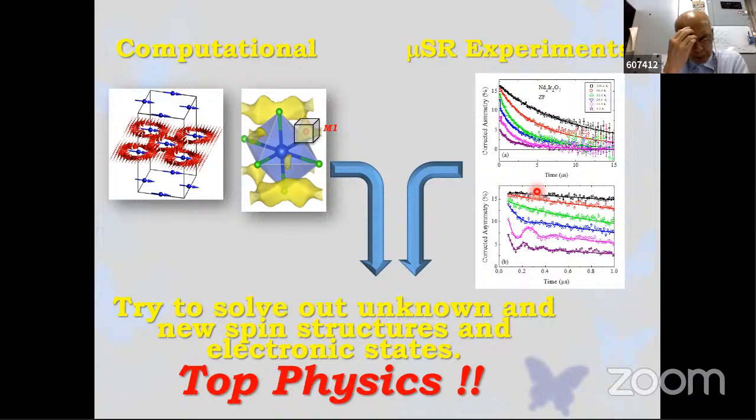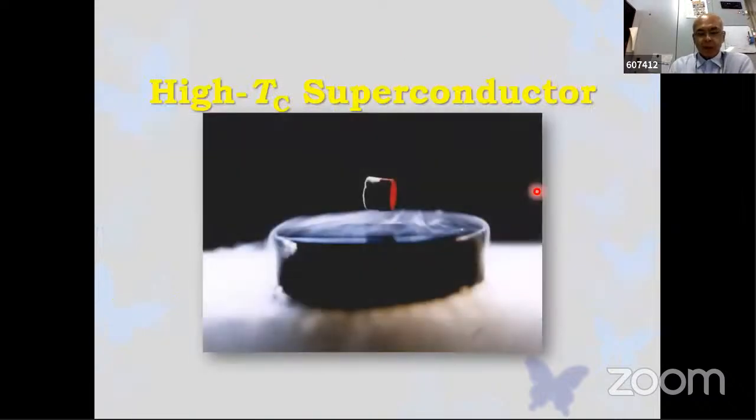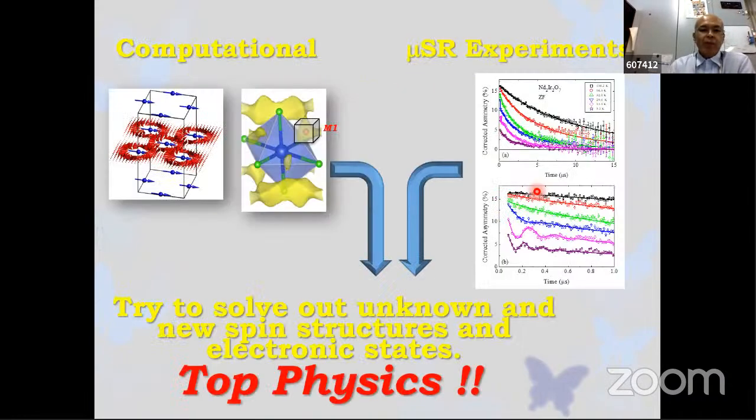The very nice, high-class researchers there are also doing similar computing calculations. I will show you examples later. Okay, so this is just the concept of why we need computational efforts.